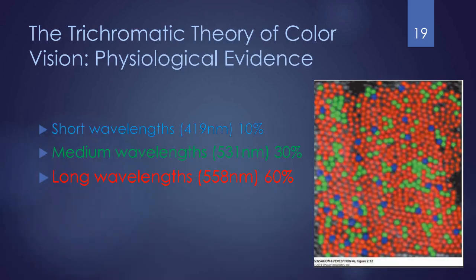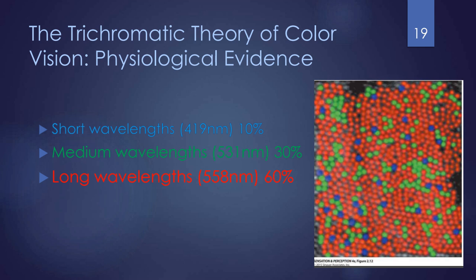So this picture was created by using a certain type of microscopy and some selective bleaching. This allows for the different photopigments to be isolated. This picture is to give you an idea of the percentages. You can see we've got a lot more red than blue and green.